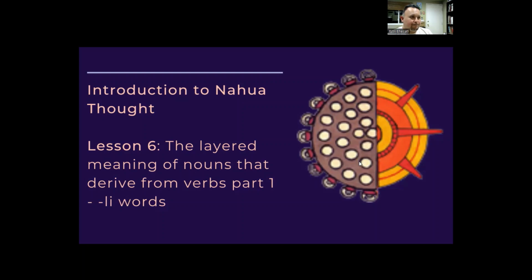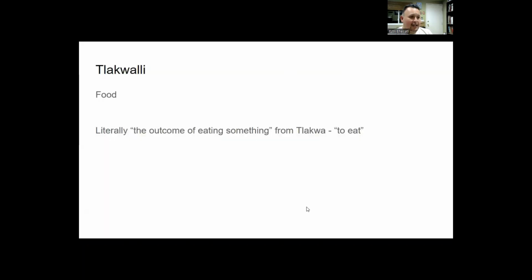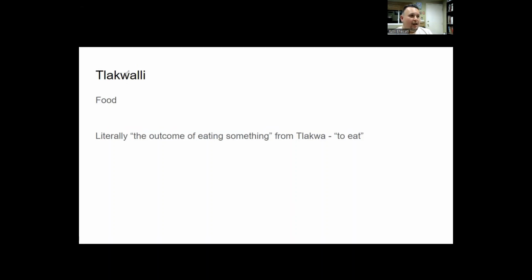So here we go. I started off with tlaqualli because, like I said, it's a very common word. This is a good place to start because the verb is tlaqua. I'm going to use this word to briefly explain the rule in which a verb can become a noun.